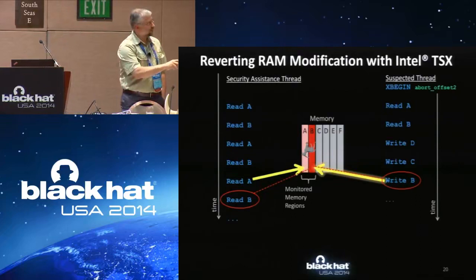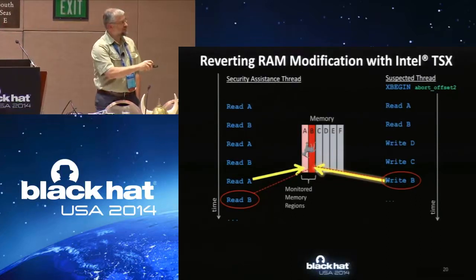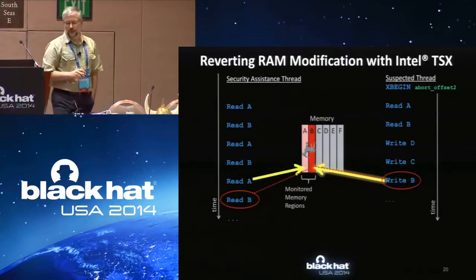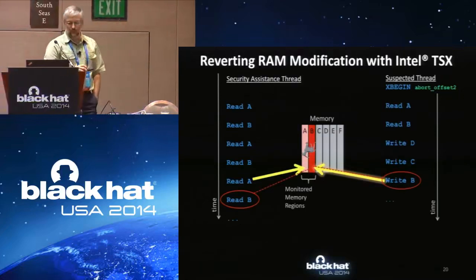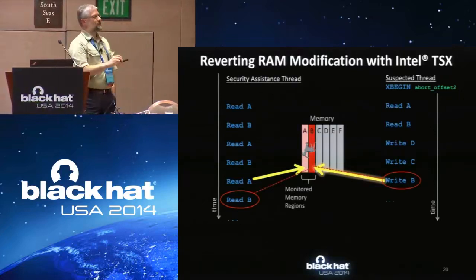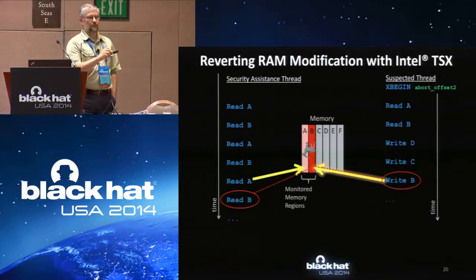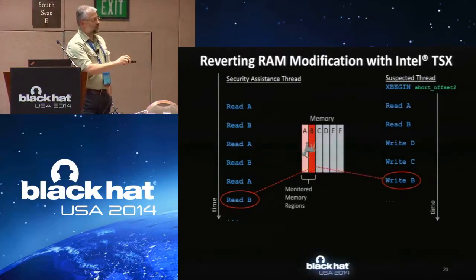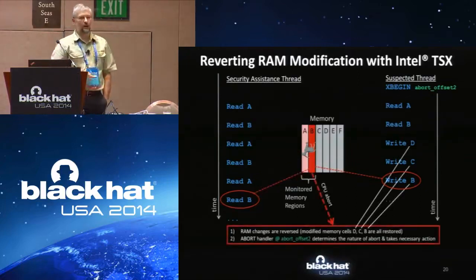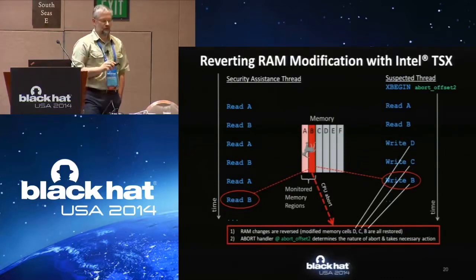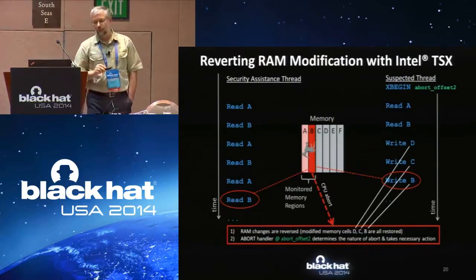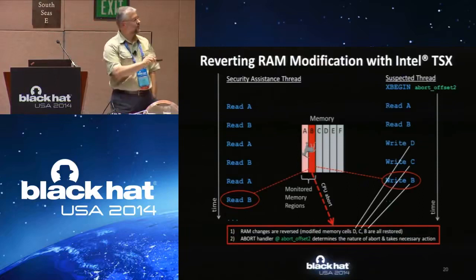So at that point, we see that this cache line is marked red, and any subsequent access to that memory cell or cache line with the security thread to the same location will create an abort. So it instantly created by the CPU.